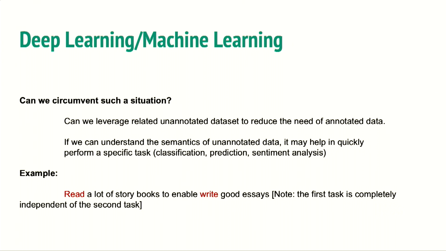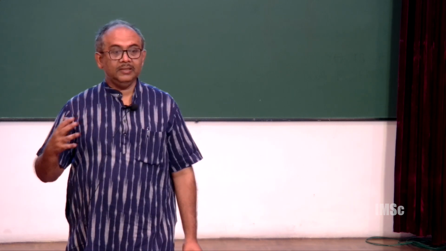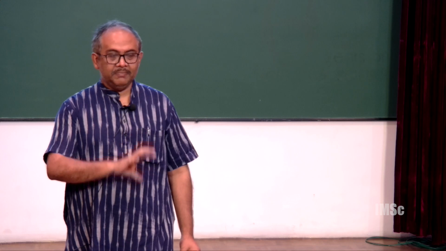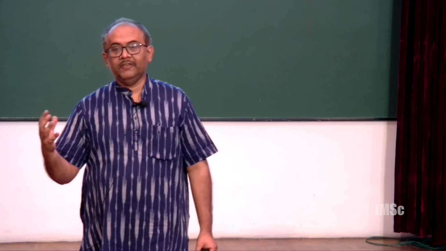We may not get head or tail of anything, but if we go on reading, some idea will come within us that may help us in doing the annotated task, or help the machine in performing the annotated task with much less data.